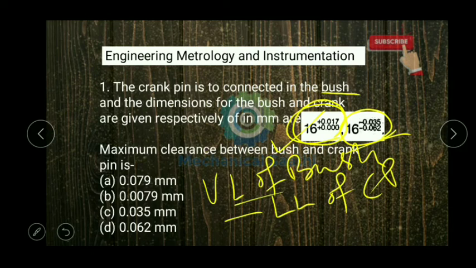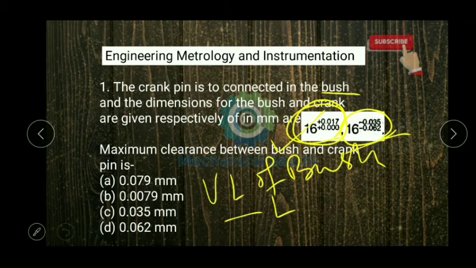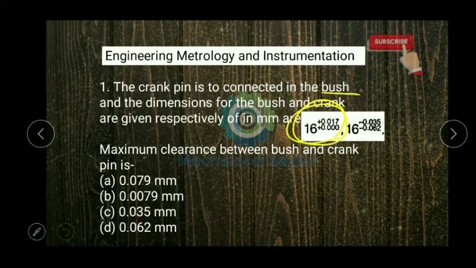If we deduct the lower limit of the crank pin from the upper limit of the bush, we can find the maximum clearance between the bush and crank pin. So the maximum dimension of the bush will be 16.017.